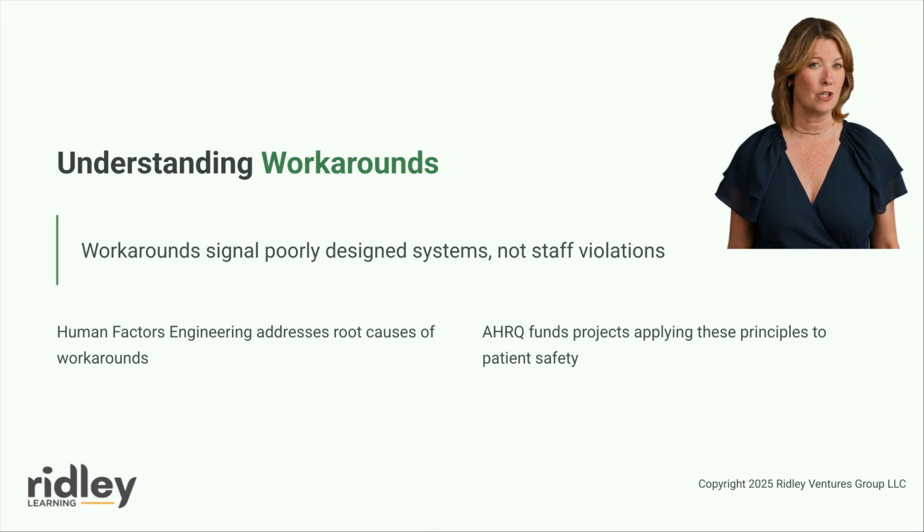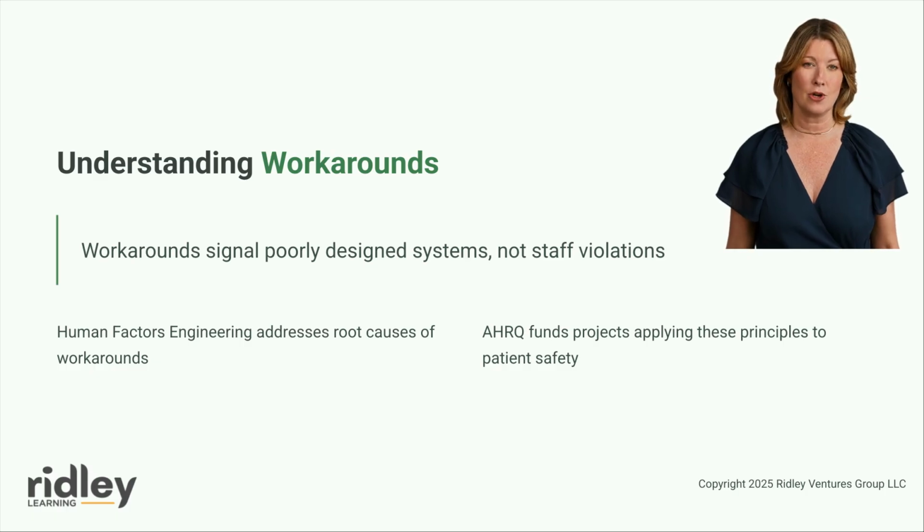Human factors engineering principles are also used for system and process redesign to reduce the likelihood of error. This can range from standardizing the layout of an operating room to reduce the chance of grabbing the wrong instrument, to implementing checklists that ensure critical steps are not missed, to designing better alarms and alerts that reduce alarm fatigue among staff.